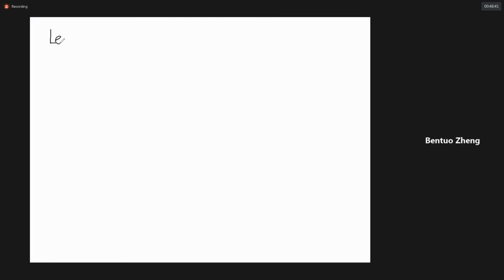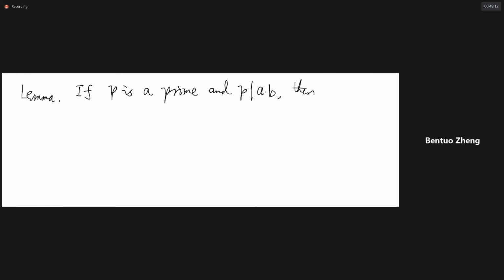So the first lemma says that if P is a prime number, and P divides A times B, then P divides A, or P divides B.